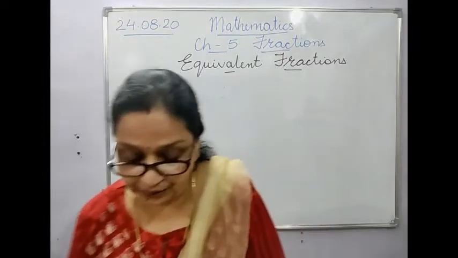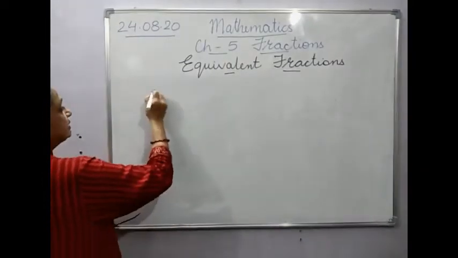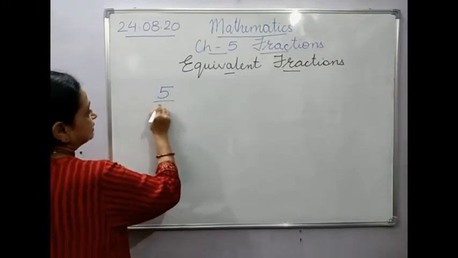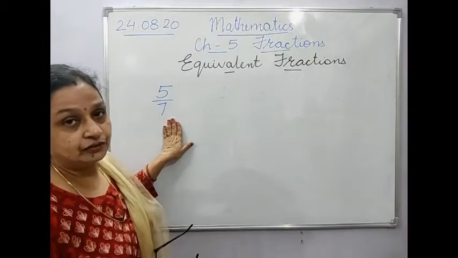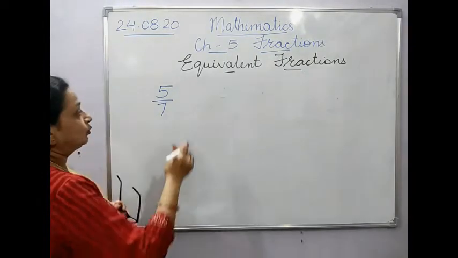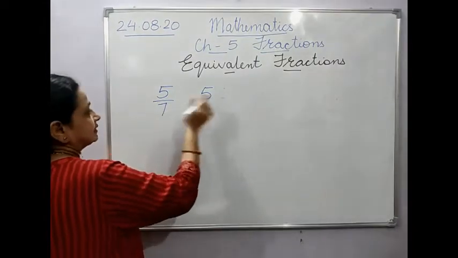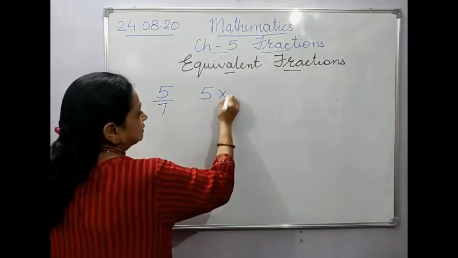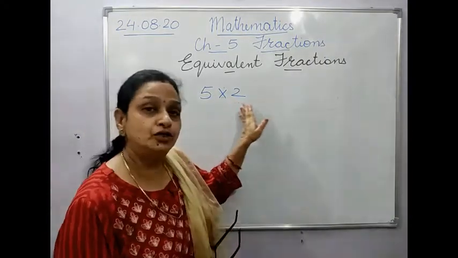I'll show how you will do it. I'll take one example. Suppose I take example 5 upon 7. You have to find out the equivalent fraction of this fraction. So what you do, you normally start multiplying it by 2.